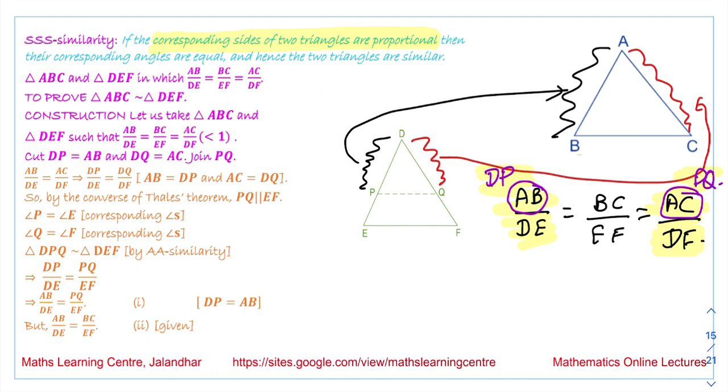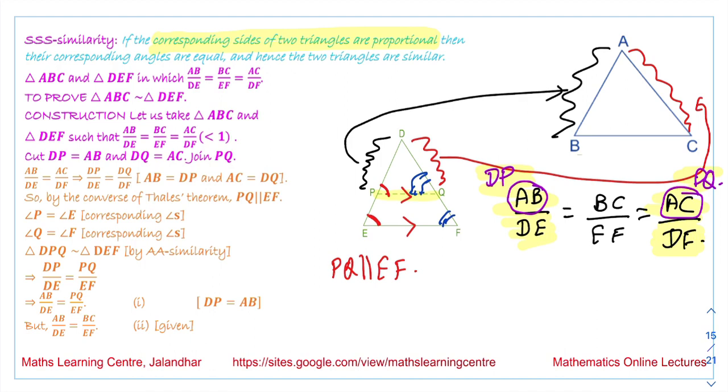So we get that these two lines, PQ and EF, are parallel to each other. If these two lines are parallel, the angle at P and the angle at E are equal. Next, the angle at Q and the angle at F are equal to each other because these two lines are parallel.